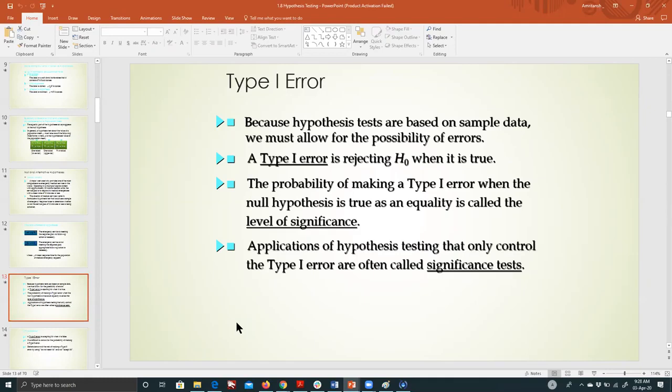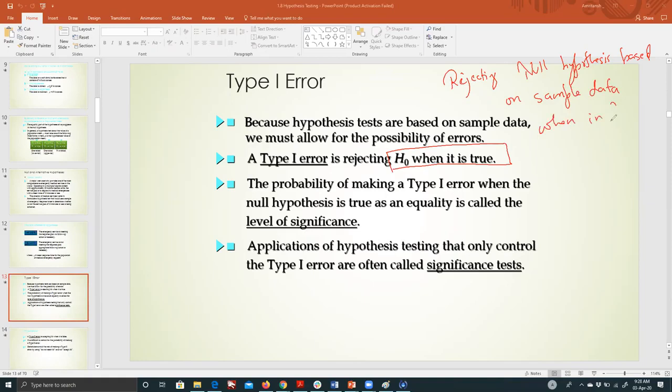So if you make this mistake, and let me explain this mistake very well, this is called type 1 error. A type 1 error is rejecting H0 when it is true. That you are rejecting the null hypothesis based on sample data when in fact it is true.